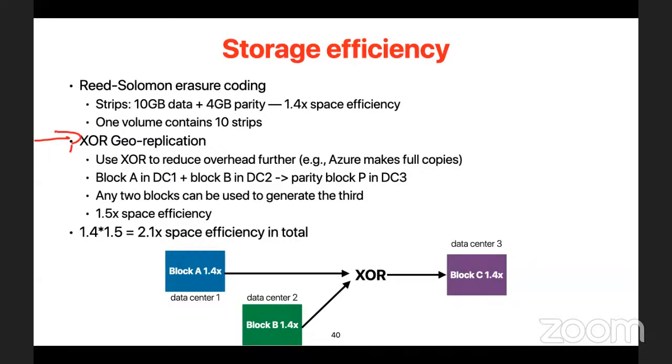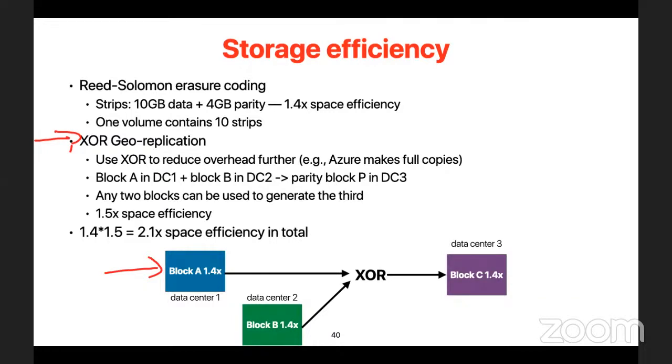And another thing that they try to do to save even more money is that when they perform the geo-replication, they don't actually do a full replication copy three times like Microsoft and Google. Instead, here's the thing: for each block, I have 1.5 times the original size because I have the erasure coding.